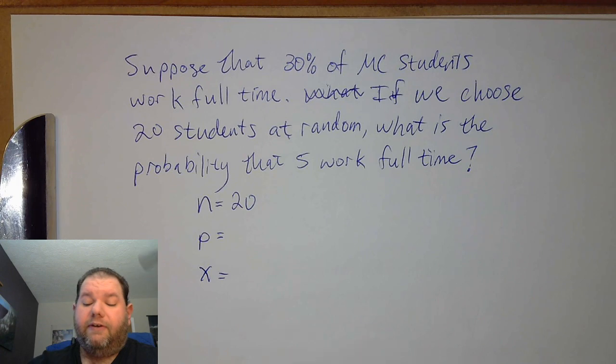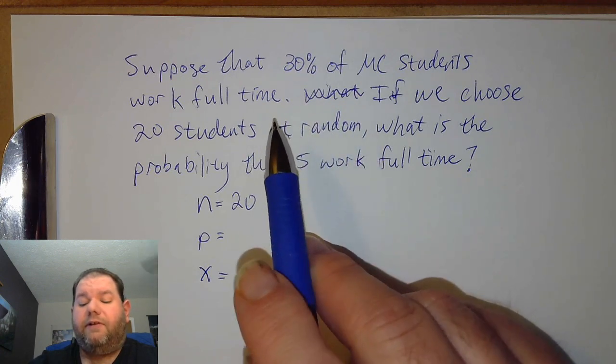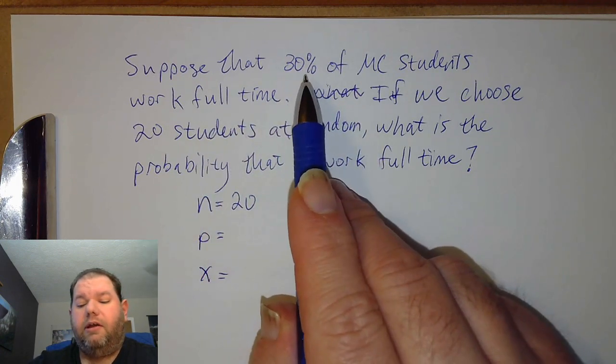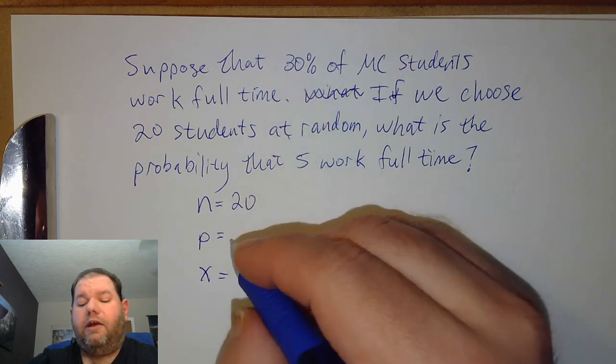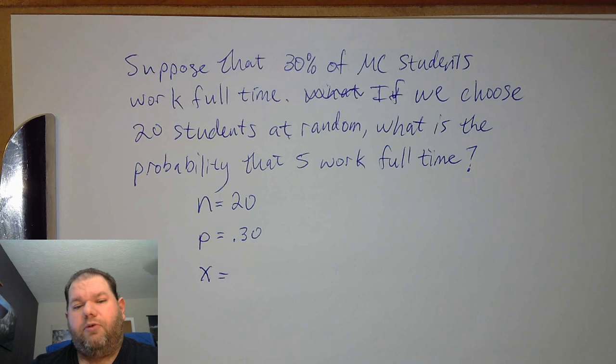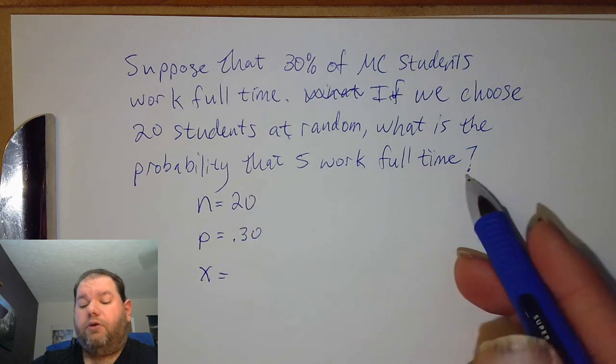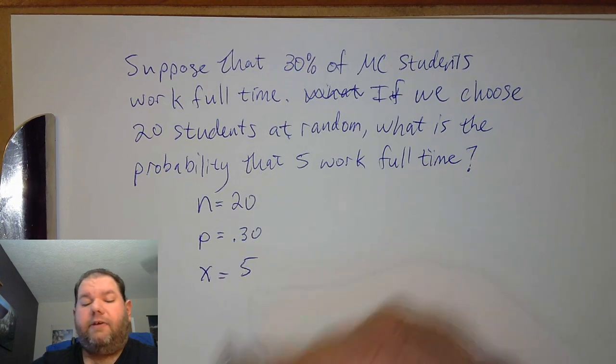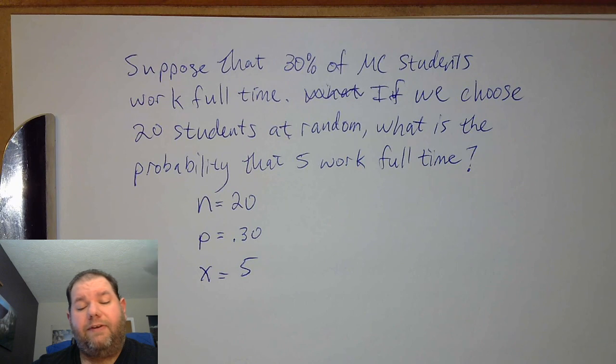Now, our probability of success, our probability of selecting a student that works full-time, is 30%. We're going to make sure that we write that as a decimal, because anytime we work with probability, we want to make sure it's a decimal. And we want the probability that 5 work full-time. That'll be X. X will be our number of successes.